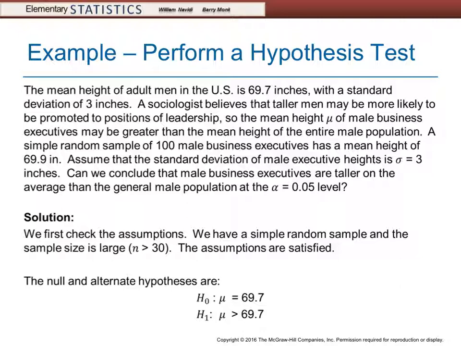First, we check the assumptions, and in this case, since n is greater than 30, the central limit theorem can be used for the sampling distribution. The null and alternative hypotheses are as follows. For H0, mu is equal to 69.7. That's our initial condition. And the alternative is H1, mu is greater than 69.7.